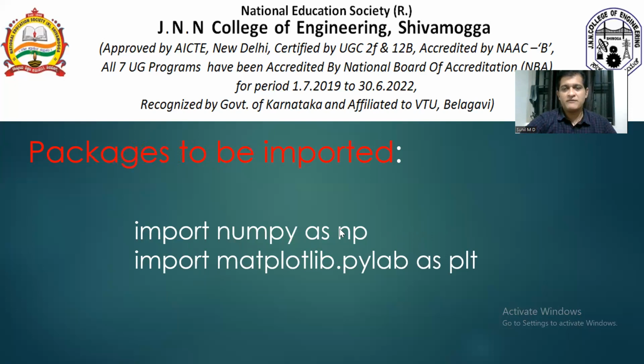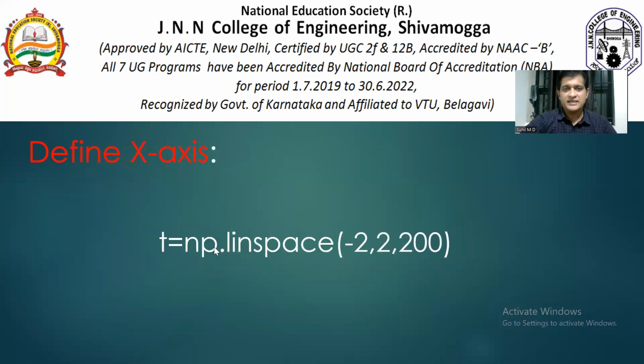So we use np dot to access linspace, and in this linspace the first number is the lower limit and the second number is the higher limit. So the time axis starts at -2 and ends at 2. We are defining the x-axis, and the x-axis for any signal is time.